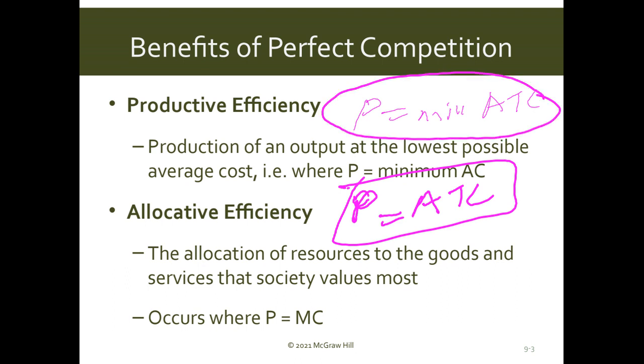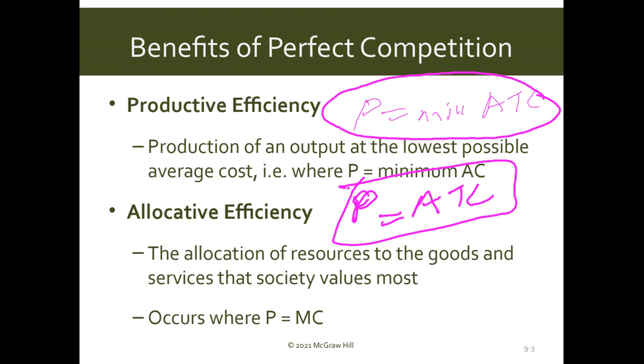Because of pure competition, because the product is identical. So they have to compete. If they cannot produce at their minimum average cost, they can't compete with other firms who are already producing at the minimum ATC, and therefore will have to exit from the market. So this is what we mean by productive efficiency.